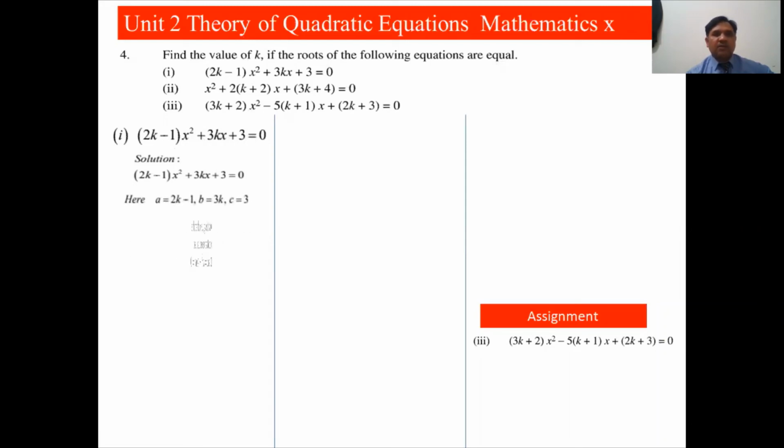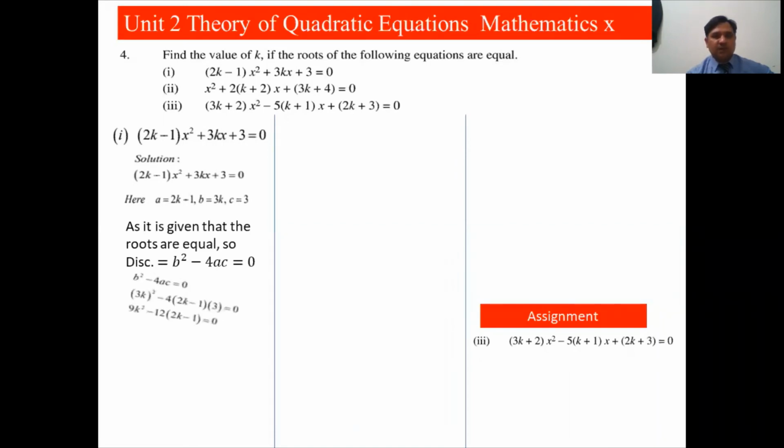Since the roots are equal, the discriminant b square minus 4ac must be equal to 0. After replacing the values of a, b, and c, we have this. Now we can take 3 common, and after dividing both sides by 3, we have 3k square minus 8k plus 4 is equal to 0.